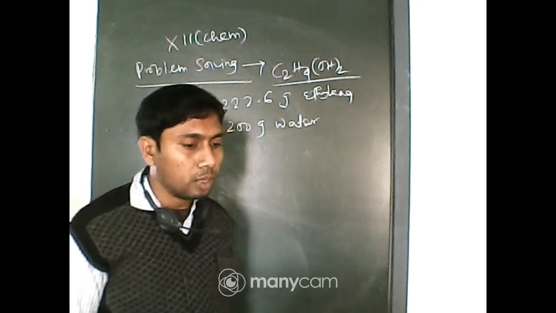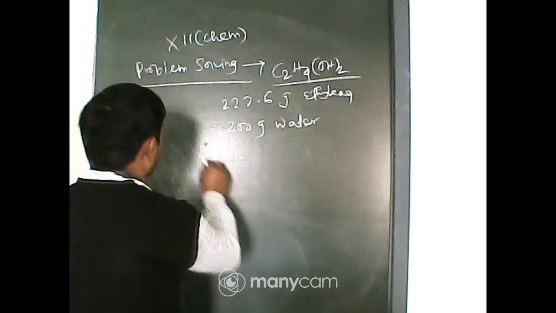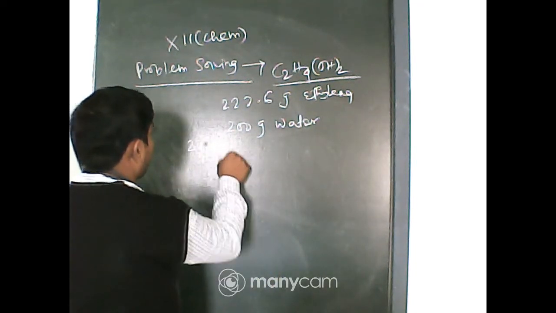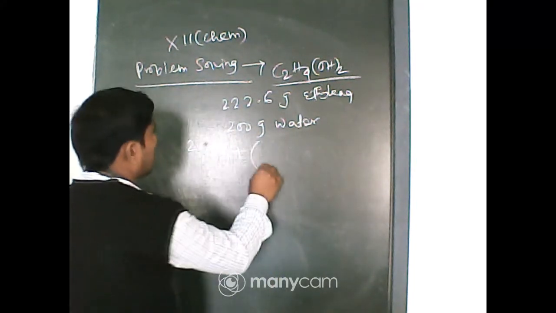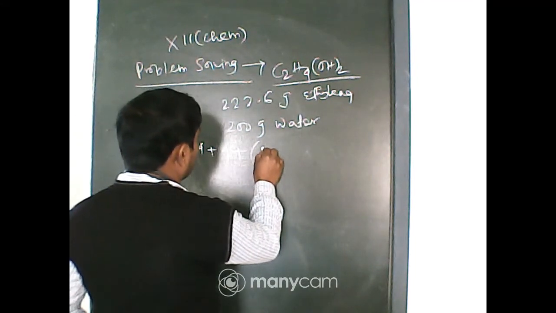Molecular mass of ethylene glycol: C2H4 is 24 plus 4, plus OH 17 into 2, that is 34.